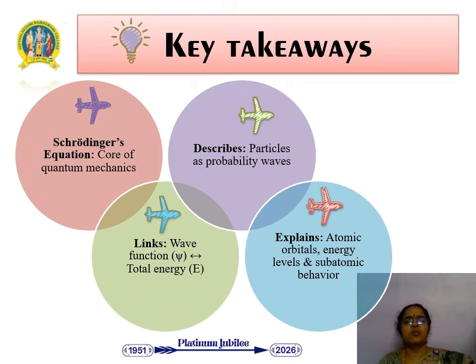The key takeaways of this Schrodinger wave equation are that it links the wave function psi to the total energy of the particle E, as well as explaining how particles behave not as points but as waves of probability. The equation forms the mathematical foundation of quantum mechanics, allowing us to describe atomic orbitals, energies, and behavior of subatomic particles.